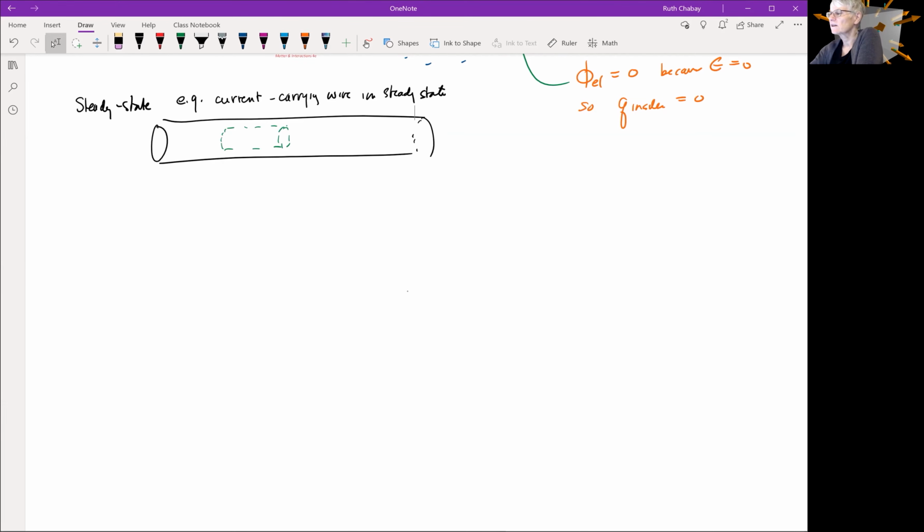But the basic idea is that we know that the electric field has to be uniform and parallel to the wire, and therefore the flux on any Gaussian surface we're going to draw here adds up to 0, and so there can't be any charge inside. So that's the basic idea.